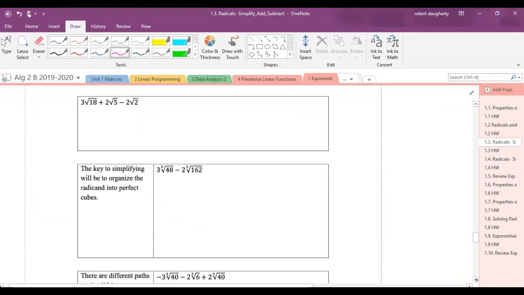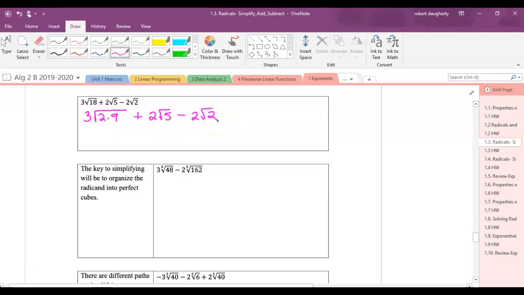Three square root of 18 plus 2 square root of 5 minus 2 square root of 2. So your key is going to be write this as 3 times the square root of 2 times 9 plus 2 square root of 5 minus 2 square root of 2.